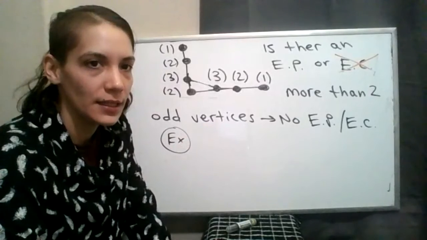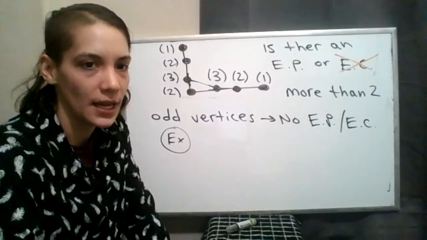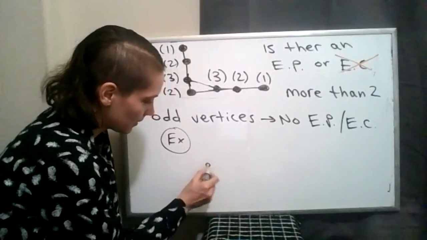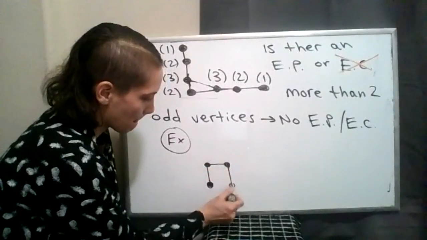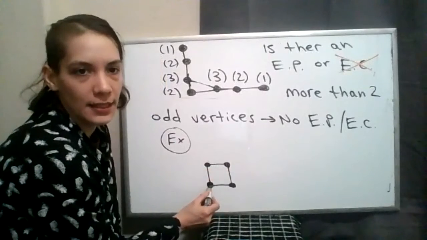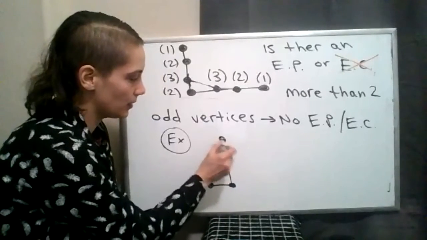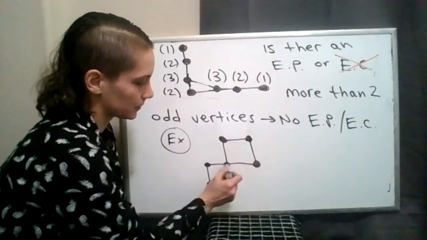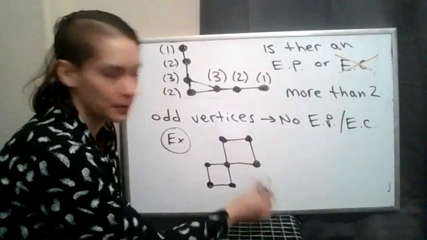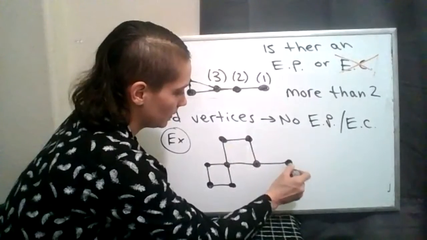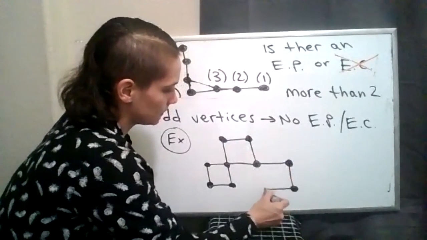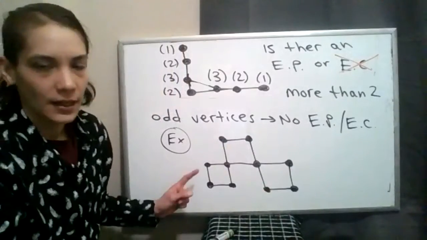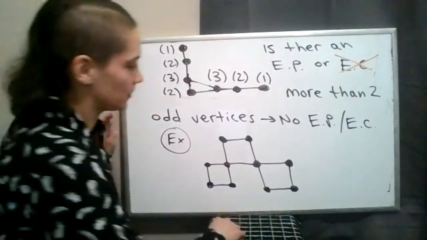Let's go with this graph. It has a square. And this other square kind of built up on top. And on the side, there's another square coming out here. Okay, is there an Euler path or Euler circuit?